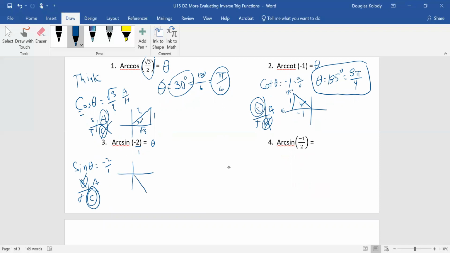Be careful with this. I know it's -2 over 1, but first off, sine is what? Opposite over hypotenuse? Is that even possible? Wait a second. Time out. Can the hypotenuse not be the largest side? Isn't a rule of a right triangle that the hypotenuse is the largest side of the triangle?